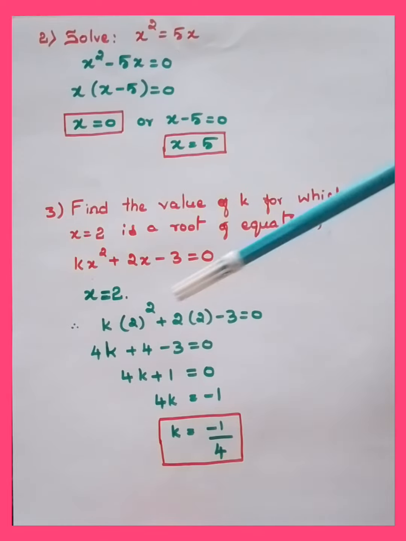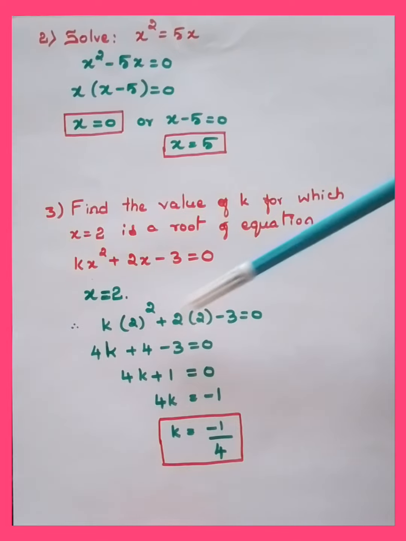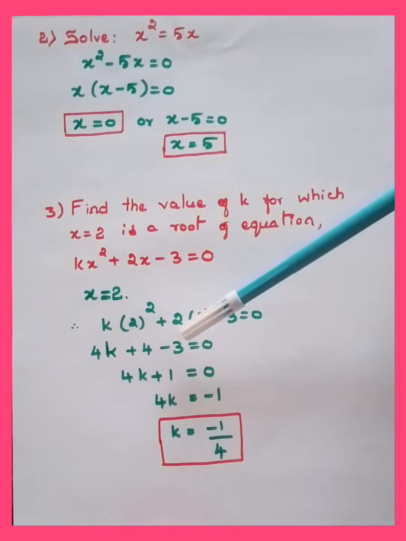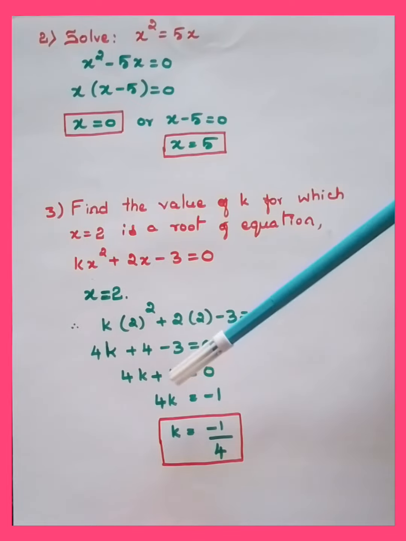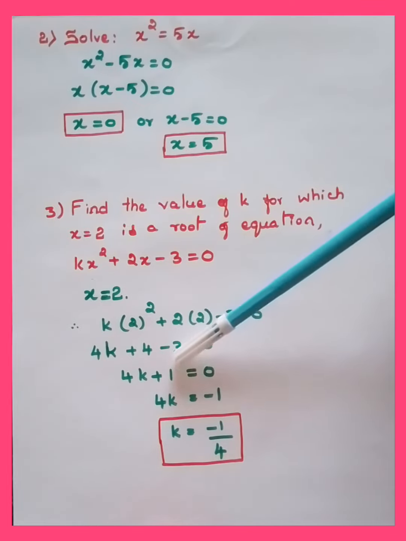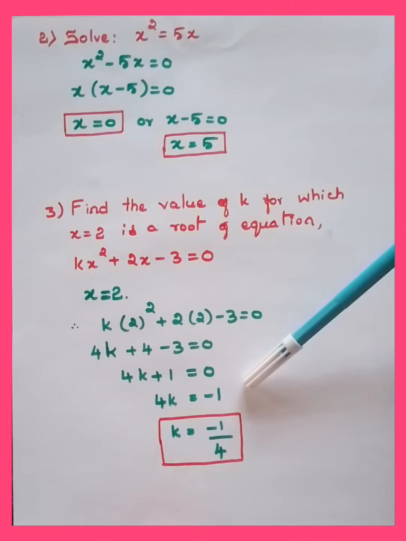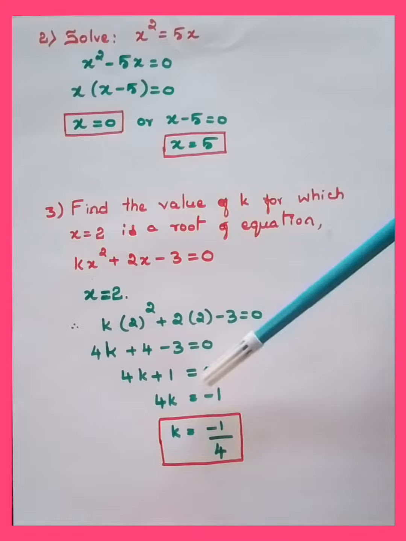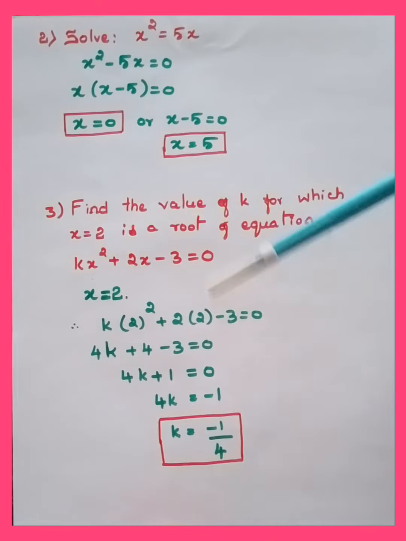Then 2 2s are 4 into k is 4k, plus 2 2s are 4, minus 3 as it is. 4 minus 3 is 1. So 4k plus 1 is equal to 0. Keep this 4k there only. Take the plus 1 to the other side, it becomes minus 1. So k is equal to minus 1 divided by 4. Hence we got the value of k. They told us to find the value of k here, and we got the answer. Okay.